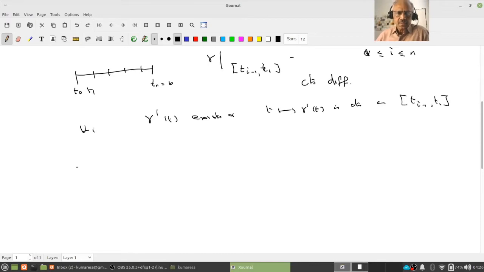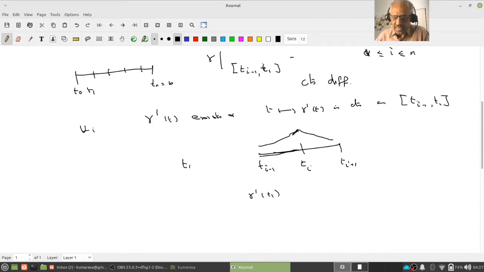Alright. You should understand pictorially what that means. Let's say this is my t(i-1), t(i) and t(i+1). When I go from here, the curve may look like this, and when I go from here, the tangent gamma prime t(i) when I come from this side may be different from gamma prime t(i) when I come from this side.